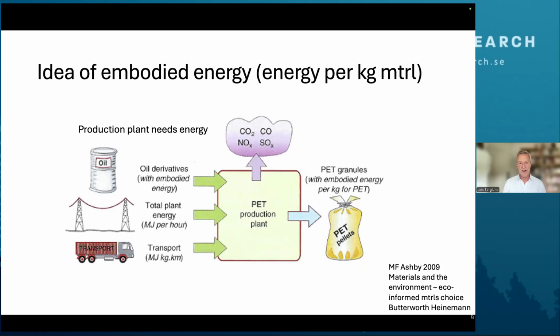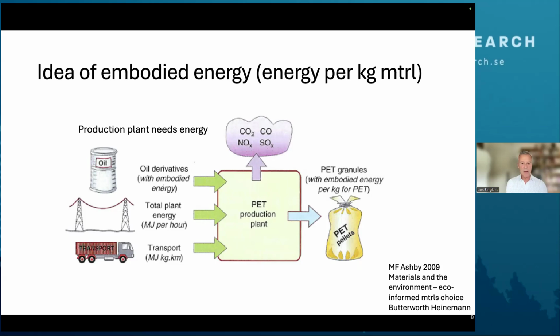That can, of course, be translated to carbon dioxide emissions. In LCA practice, we tend to use the energy mixture, for instance, for Europe. Then we can translate energy to carbon dioxide emissions. If you look at this illustration on the left-hand side, you see the energy needs. For a thermoplastic, we start with oil derivatives. We use plant energy. We need transport.